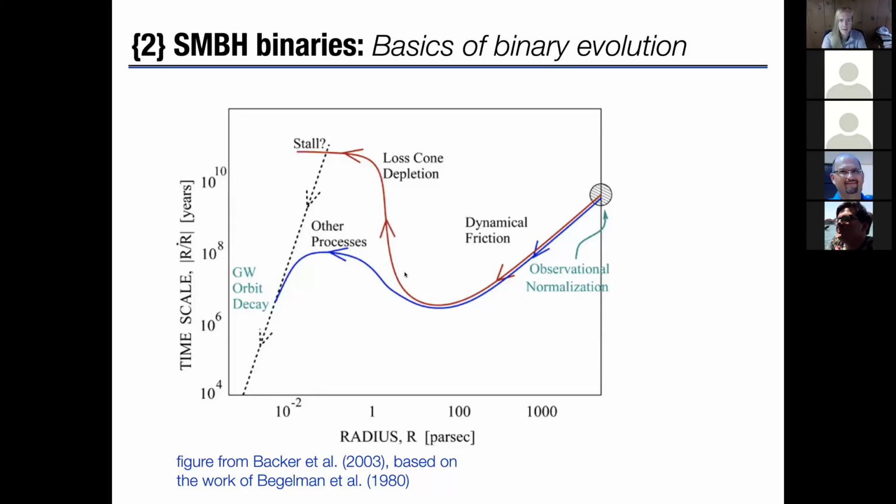And similarly, if you have any method for just replenishing the stars that have properties that let them interact with the binary, you can get through these smaller separations. And another mechanism that's emerged is if the binary is embedded in a gaseous disk, torques from the circumbinary disk can help the black holes to move inwards and move across this subparsec regime more efficiently.